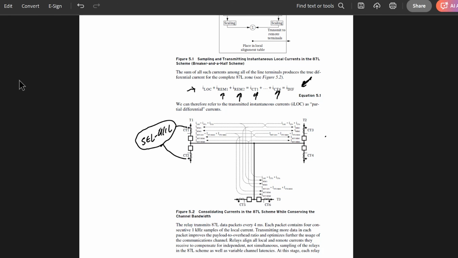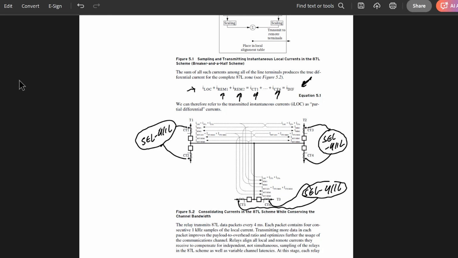So we're going to have an SEL-411L here. This CT is going to be wired to that relay. This CT is also going to be wired to that relay. And we're going to have a last one over here at the 3rd terminal. Again, this CT and this CT are going to be wired into that relay.